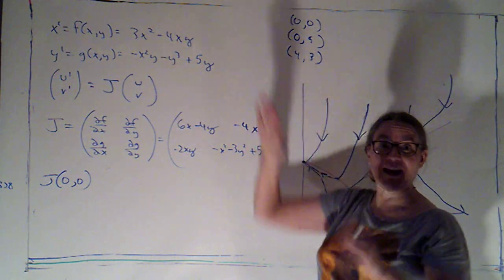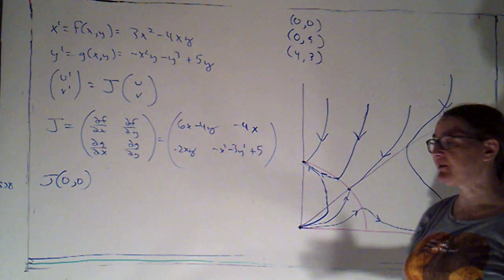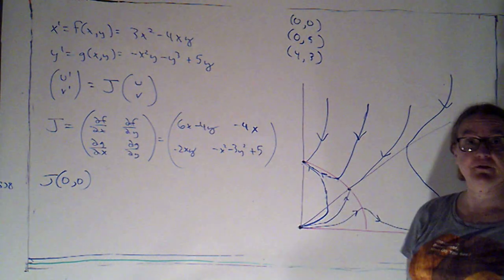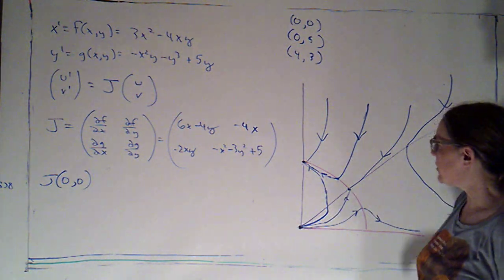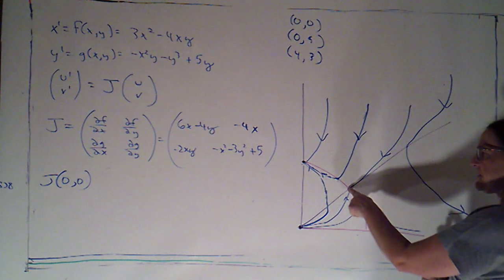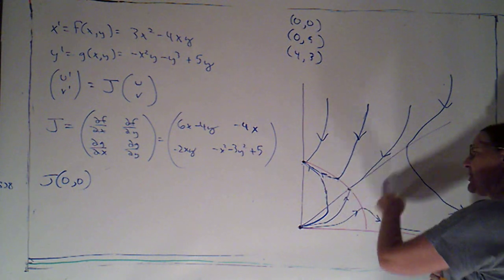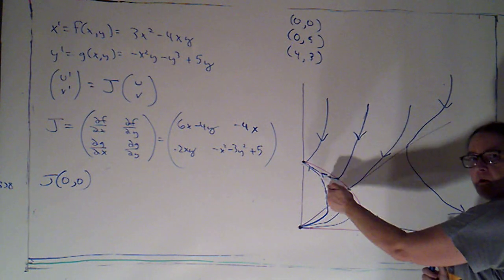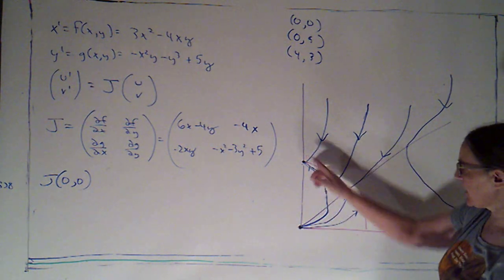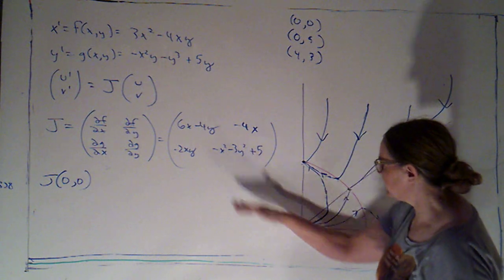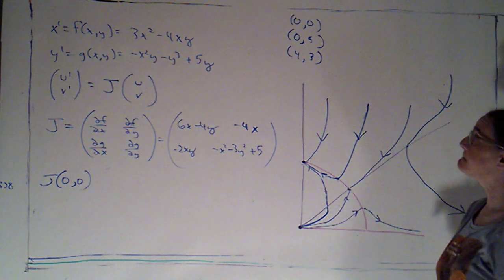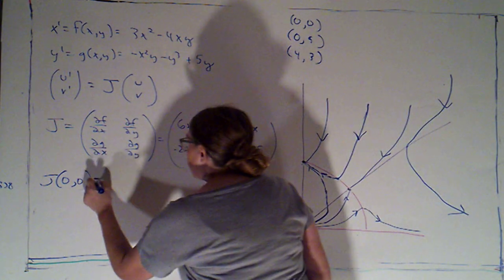Mathematically, this is defined in the entire xy plane, and it's possible that I do have different behavior from those other ones. So of the educated guesses I made, I'm actually most confident about the guess that this is a saddle because I have information about what happens all around that. Whereas with these two, I don't have any information to the left, or in this case, below it. Okay, so let's see what we get.